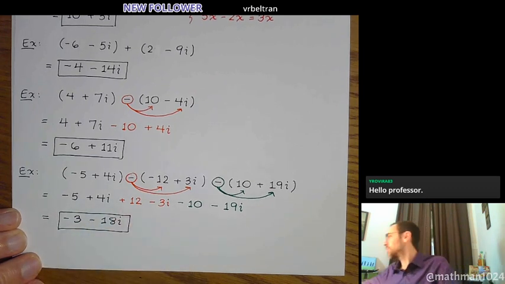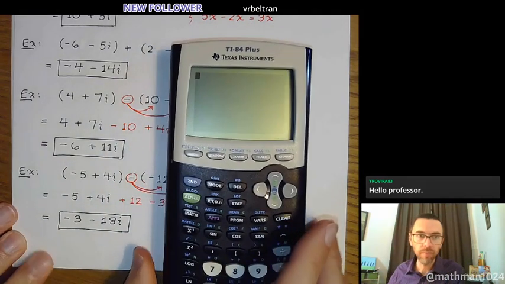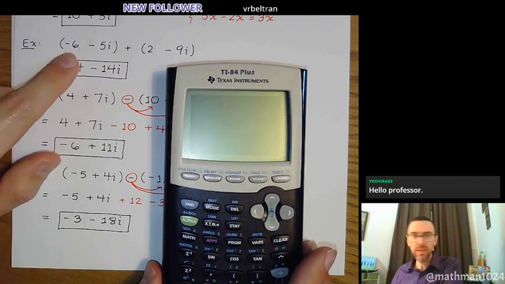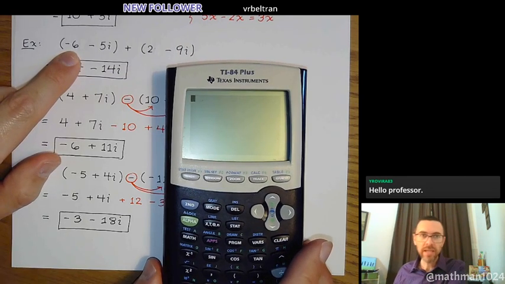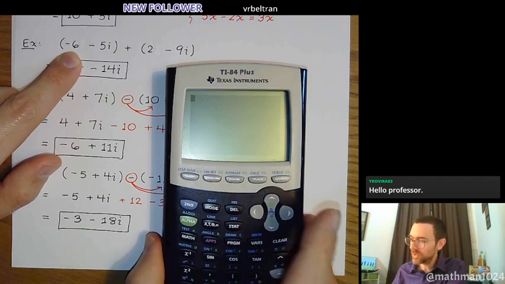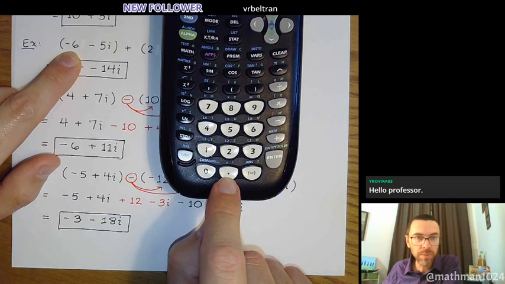Now, real quickly, I just want to jump over here, and I want us to use the graphing calculator so we can see a few things. So if I take the example that I have right here, I can type this into the graphing calculator, even with the i's, to get an answer. Now what you need to understand is that your i is going to be right here above the decimal.